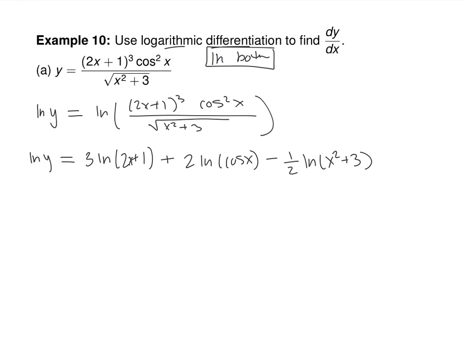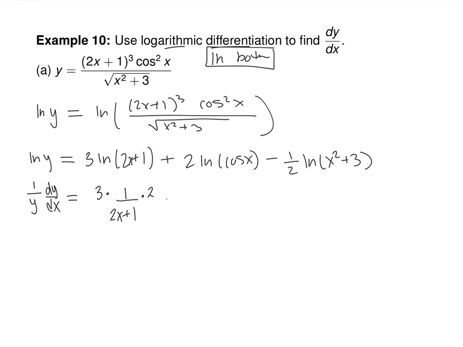Okay, then take the derivative. What's the derivative of natural log of y? 1 over y times dy/dx, spectacular, equals 3 times the derivative of the inside, which is 2. Yep, good job.